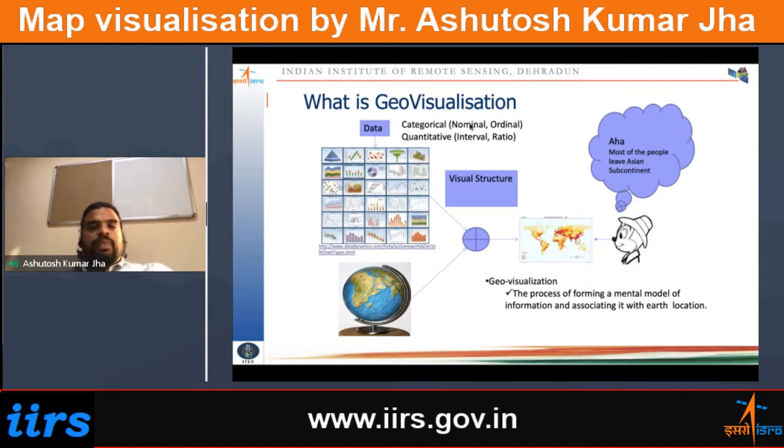Then we have quantitative, or interval and ratio, and these are the data sets which we mostly use. Interval gives you differences, so we can say that some value is 10 more compared to another. For example, we can say the temperature in Dehradun is 5 degrees lesser than the temperature in Delhi.